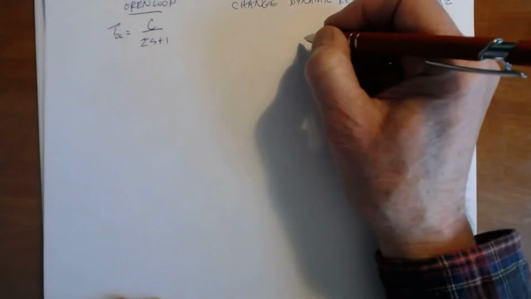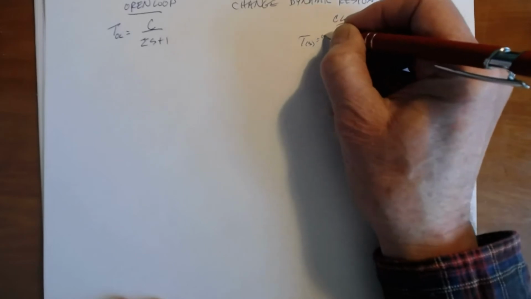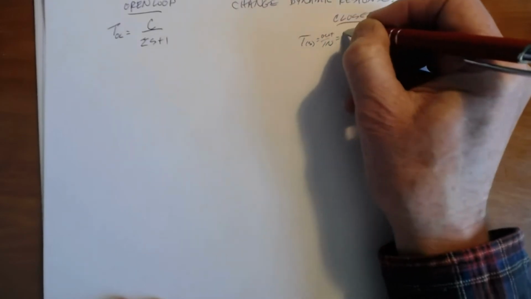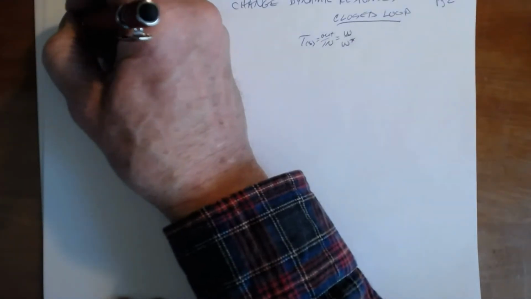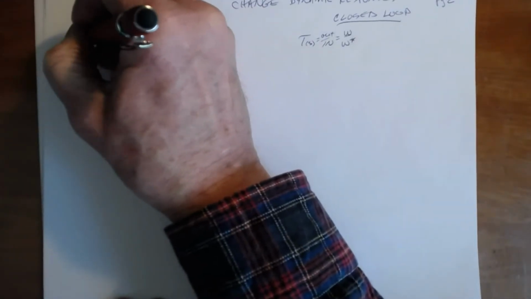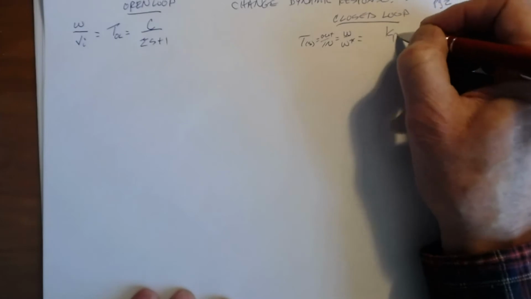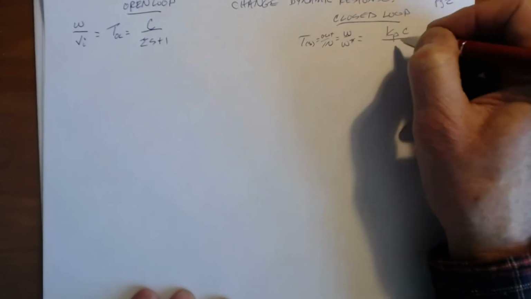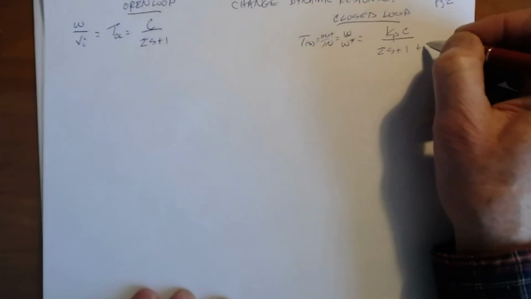It says that T of S, I should have done this, is the output over the input. This is omega over omega star. In this case, the output over the input on this one is a little bit different. The output is omega and the input is VI. So that's open loop. And in this case, omega over omega star is KP C over tau S plus 1 plus C KP.